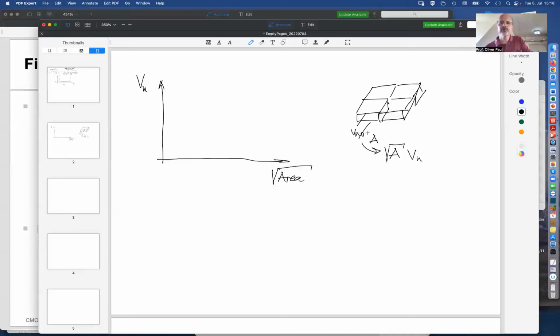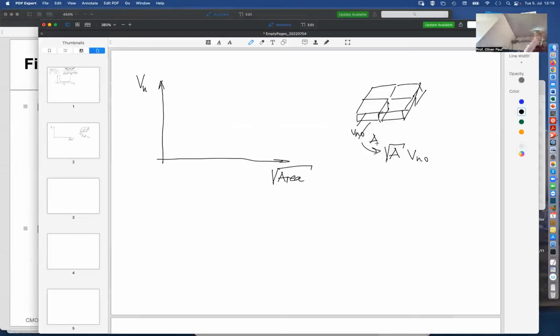So let's call this Vn0, and if you increase the size by some factor A, then the overall noise will be square root of A times Vn0, not A times Vn0, because the noise voltages don't only add, sometimes they subtract from each other.